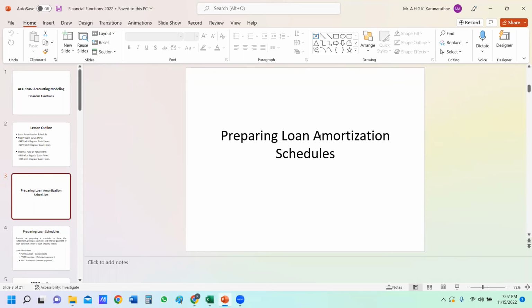This loan amortization schedule is very familiar to you because we have studied it and you apply this concept in different subject disciplines.